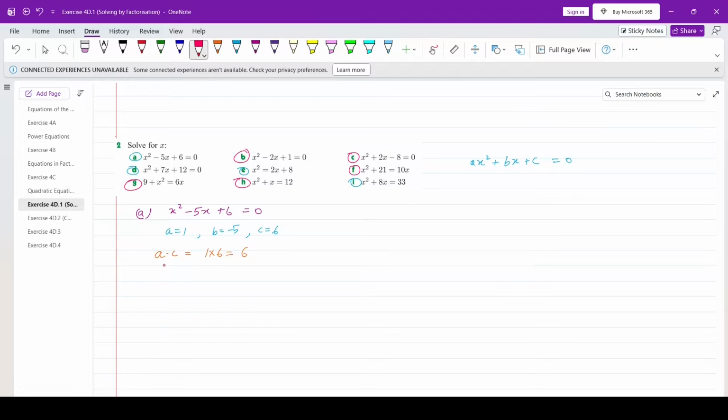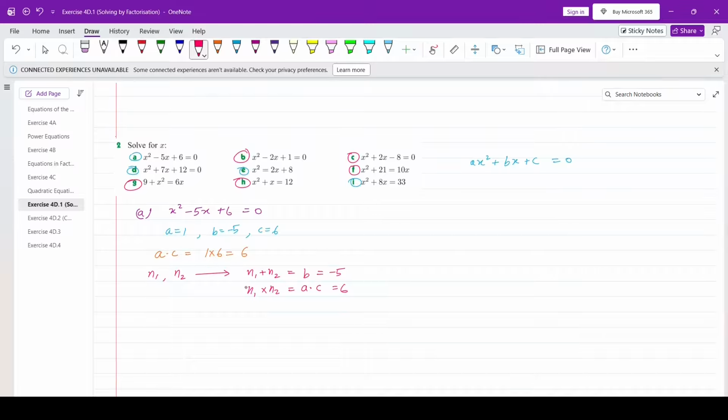Now what we need to do is take two numbers, let's say those two numbers are n1 and n2, such that n1 plus n2 is equal to b, and n1 times n2 is equal to ac, that is 6, and b we know is equal to -5.